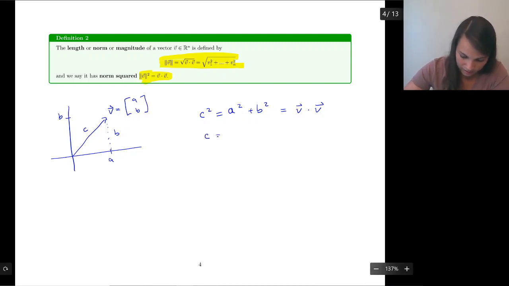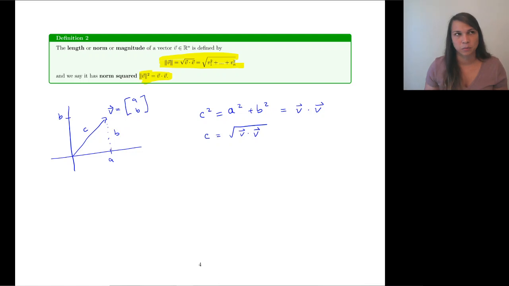So we can say that C equals the square root of V dot V, where I am not bothering with the plus or minus because when we talk about length, you don't talk about negative inches tall. Not a thing. But there we go. In 2D, it's just Pythagorean's theorem. So Pythagorean's theorem is an inner product. Crowd goes wild.